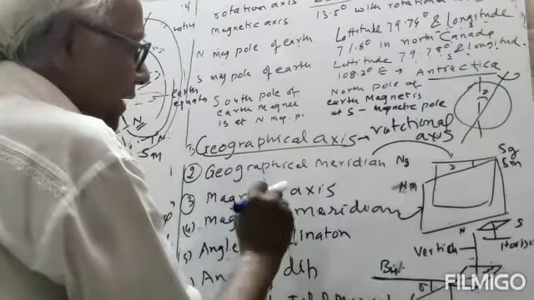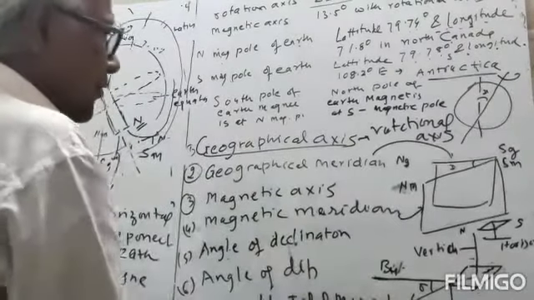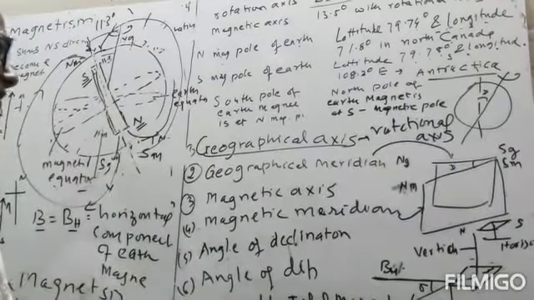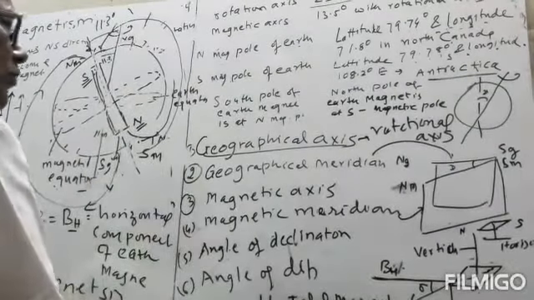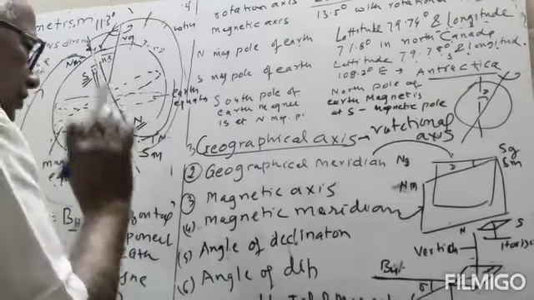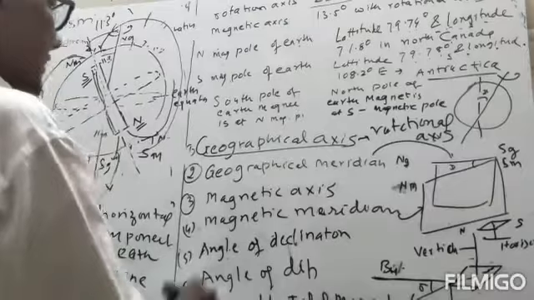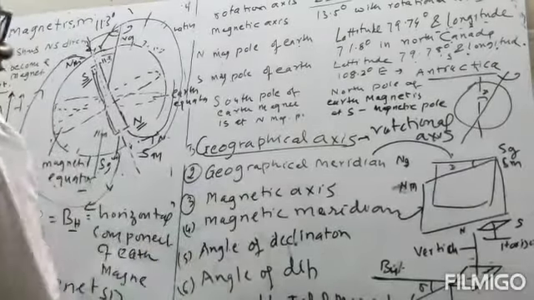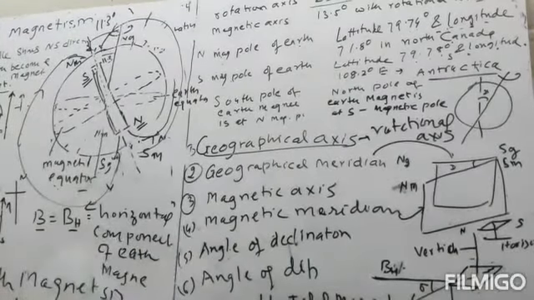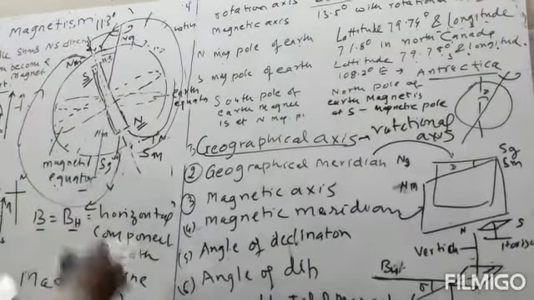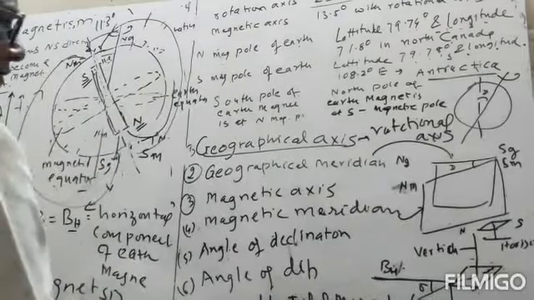The magnetic meridian is a plane which is perpendicular to the magnetic axis. Now the geographical meridian will be the perpendicular plane to the geographical axis.